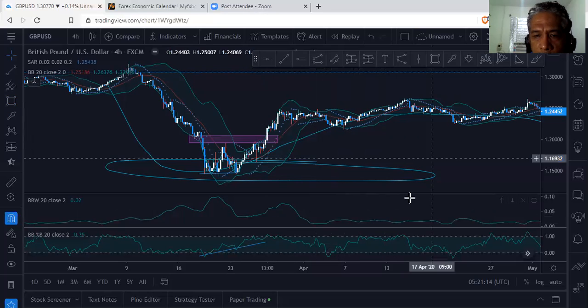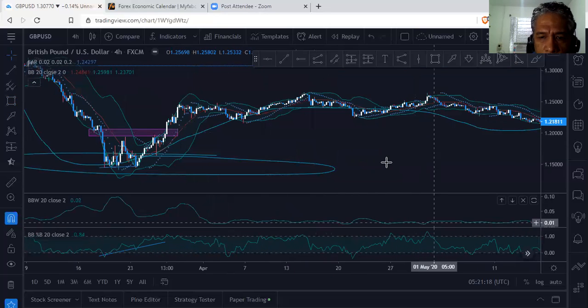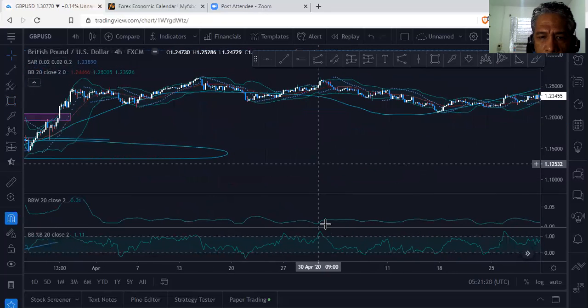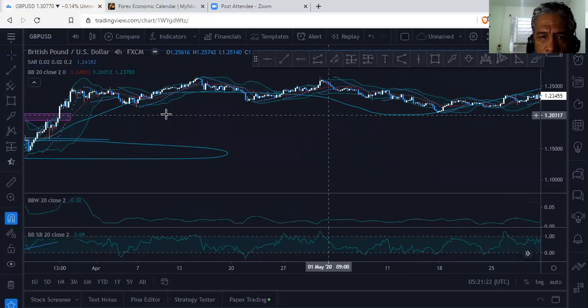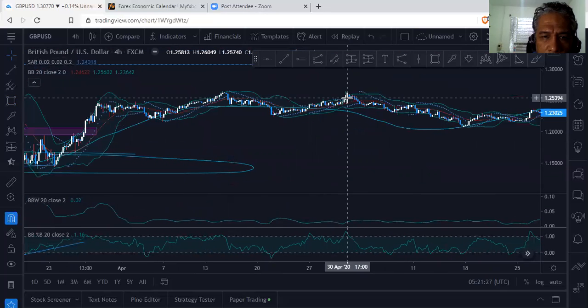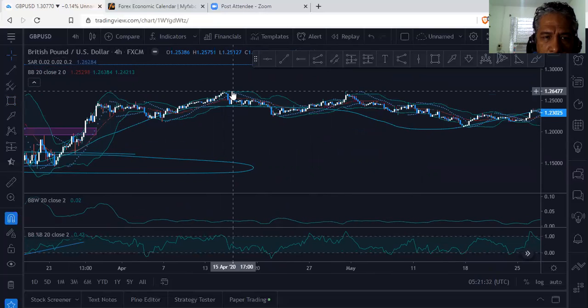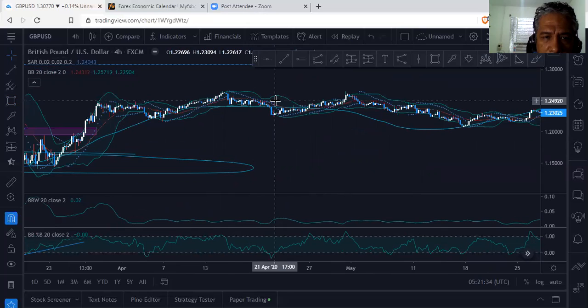As the market went here, it tries to, you can see that a squeeze, right? The market was flat all the way up to here. There is a lot of movement happening. Squeeze, this is squeeze, look at the squeeze, and you can see the parabolic SAR on top, so sell entry.